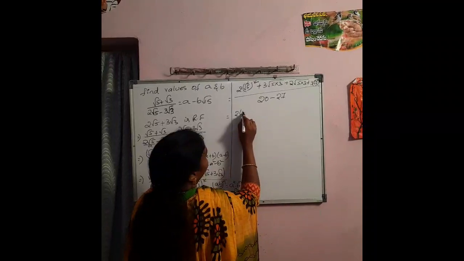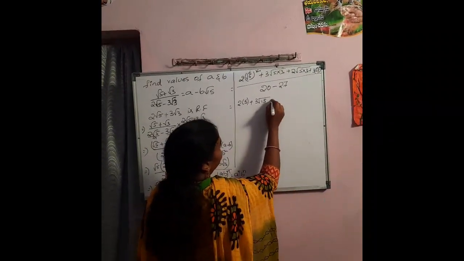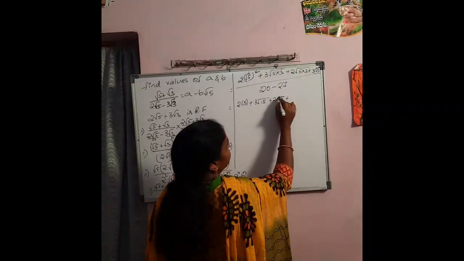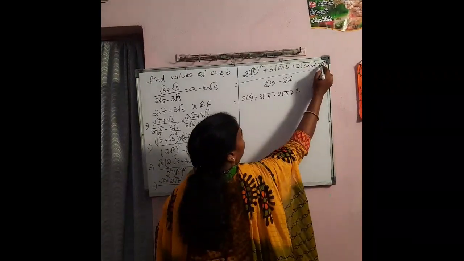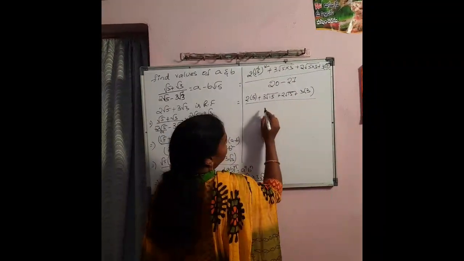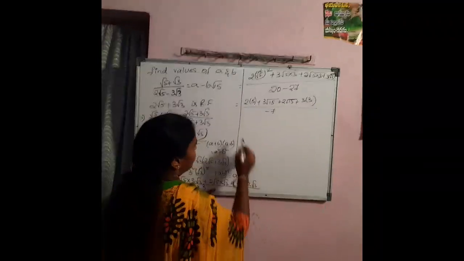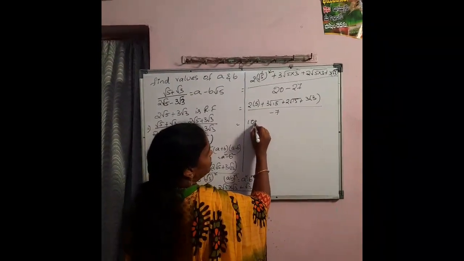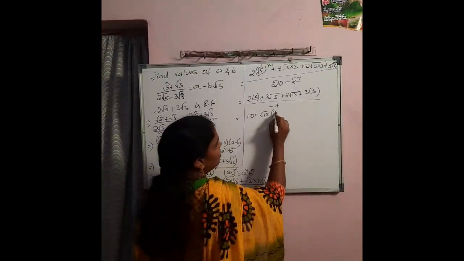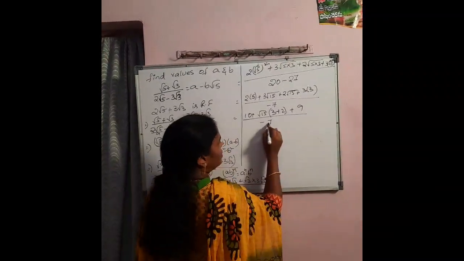So 2 into 5 plus 3 into root of 5 3s are 15 plus 2 into root of 5 3s are 15 plus 3 into square and root will be cancelled, so 3 by 20 minus 27, that is minus 7 because minus is for the biggest number. 5 2s are 10 plus both are having root 15, so I can take root 15 as common, so 3 plus 2 plus 3 3s are 9 by minus 7.